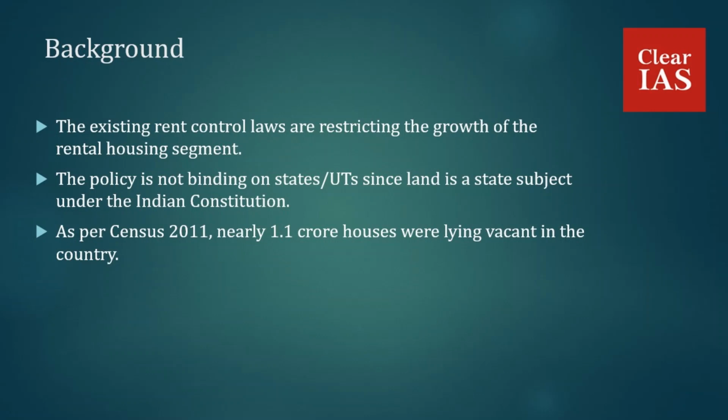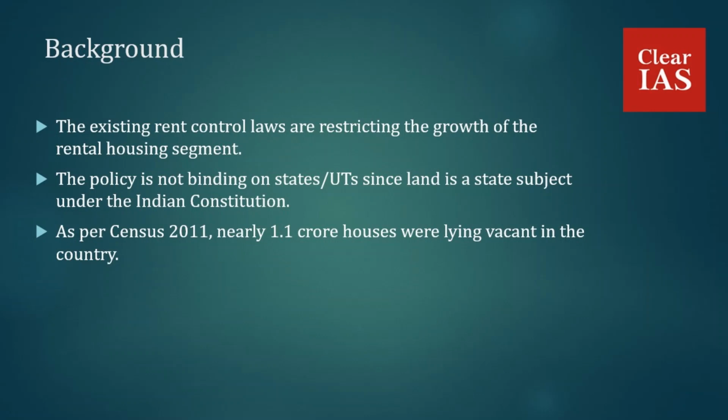The policy is not binding on states or union territories since land is a state subject under the Indian Constitution, and the policy also does not have any retrospective effect. It means existing rental contracts remain outside the purview of the policy.